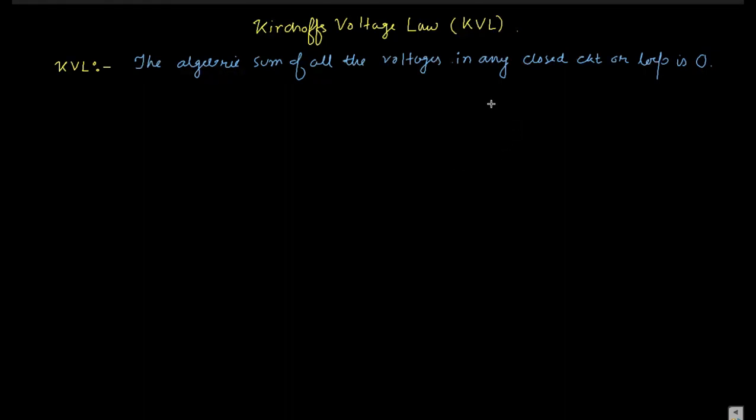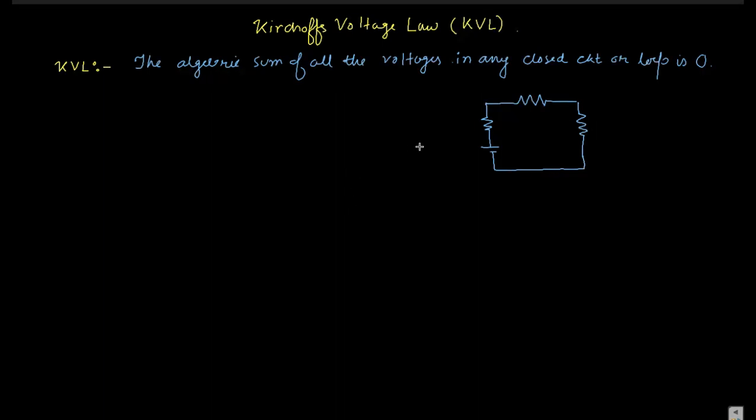If a circuit consists of some resistances and also a battery, that is a voltage source, and the circuit is a closed path, then to determine the current across any resistor or the total voltage across the loop, we can apply the KVL.